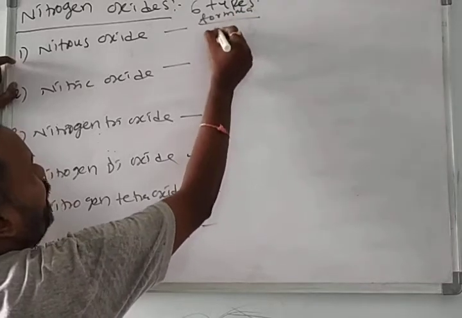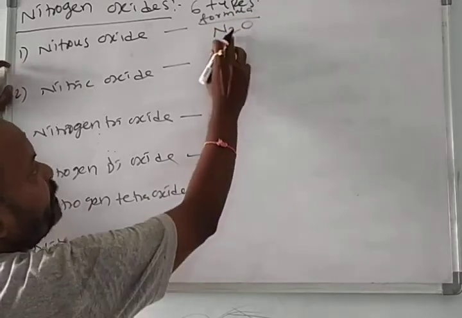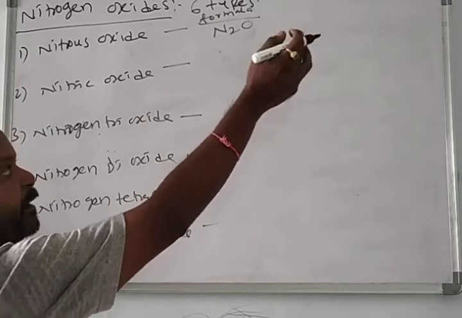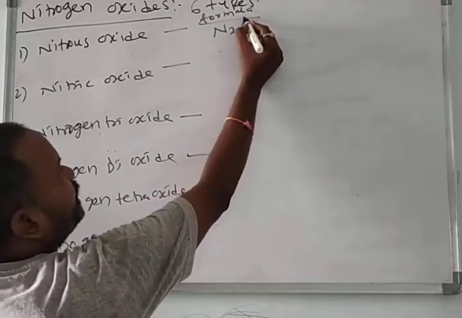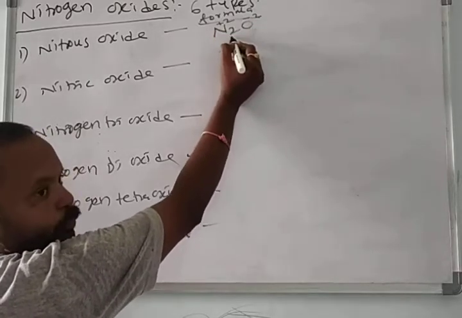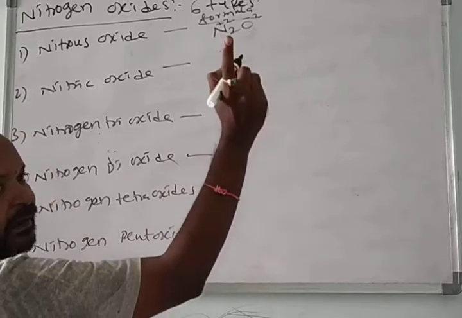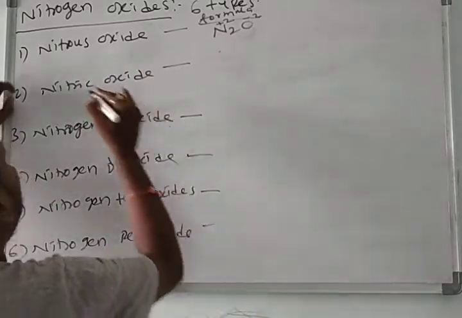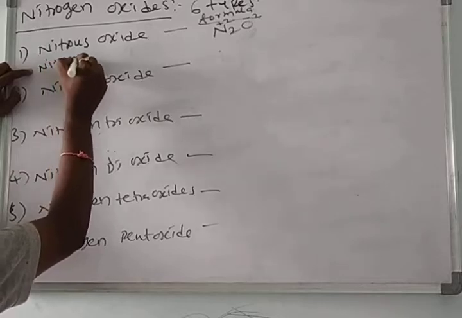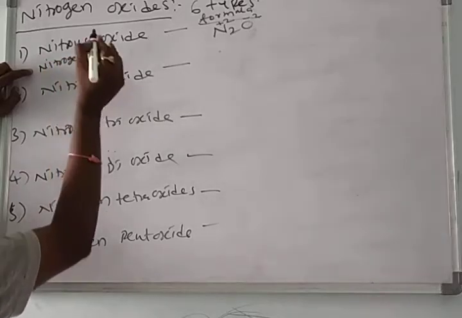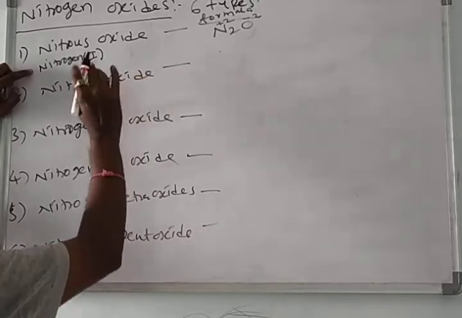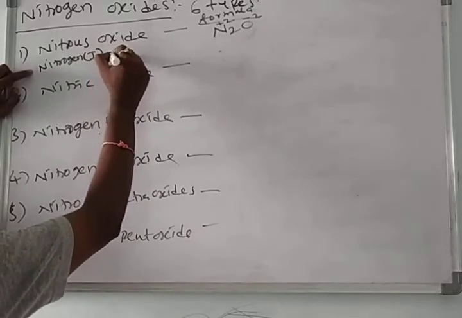Nitrous oxide, formula N2O. We already discussed oxidation number, but again I am explaining. Oxygen has oxidation number -2, so the 2 nitrogens together are +2, meaning a single nitrogen is +1. The oxidation number is mentioned in Roman numerals in brackets: nitrogen(I) oxide.